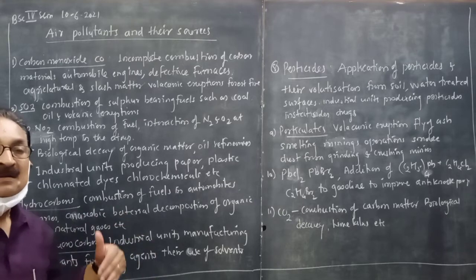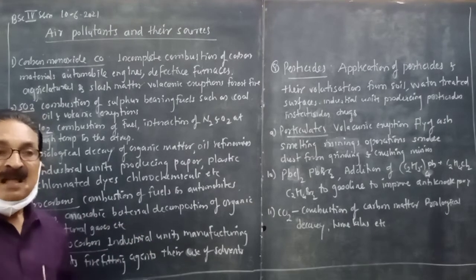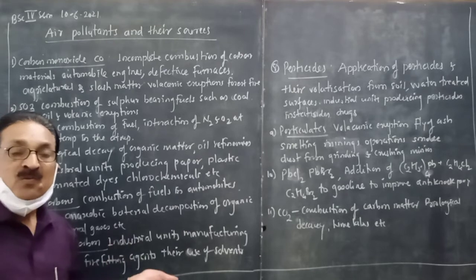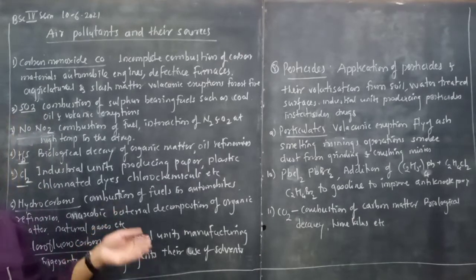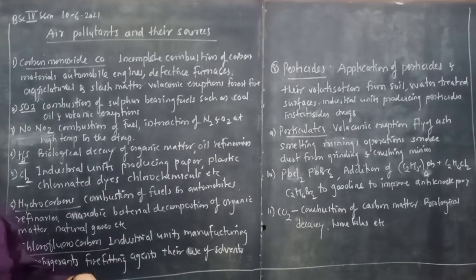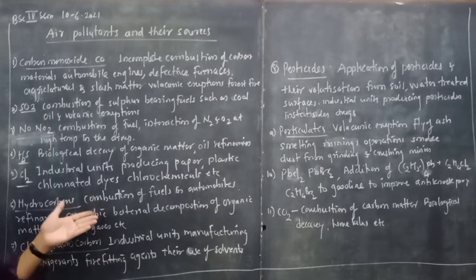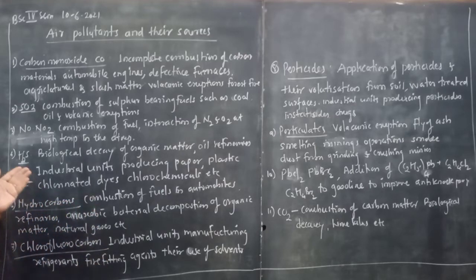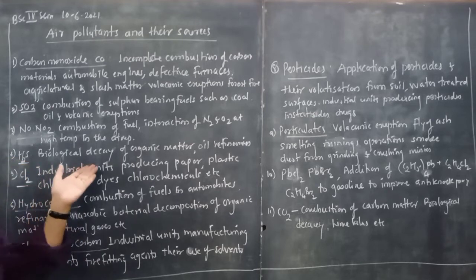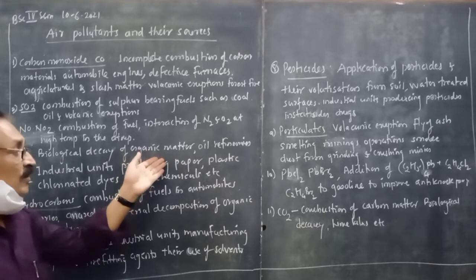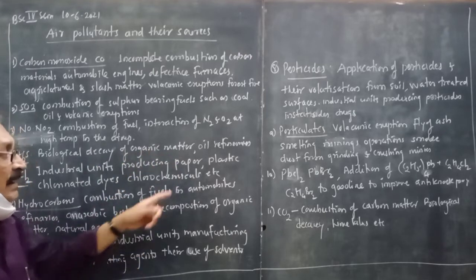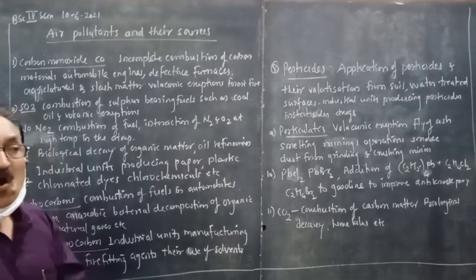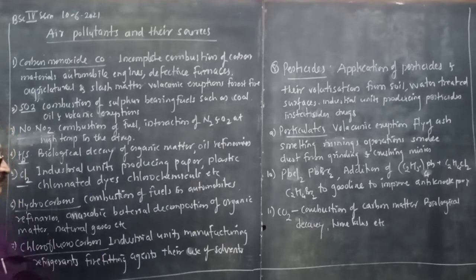The organic matter undergoes decay, and bacteria or viruses lead the decay process, and an unpleasant odor is eliminated into the atmosphere. In hydrogen sulfide there is a very bad odor that comes out from the decay of organic matter as well as from oil refining.